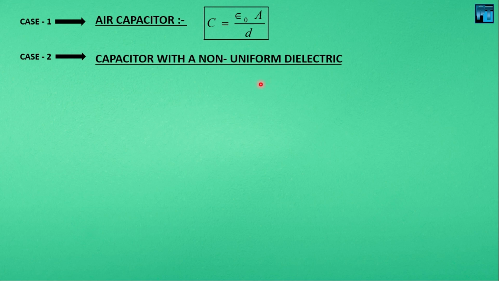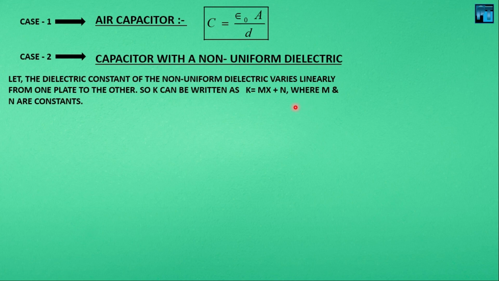Non-uniform means the dielectric constant of the material will depend upon the distance. In a simple case, we can take K equal to mx plus n. It is a linear combination. We don't go to more complex cases; this is the most common and simplest case. So this is a non-uniform dielectric because K here varies with x.